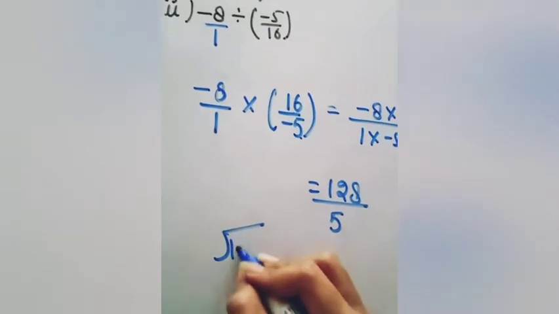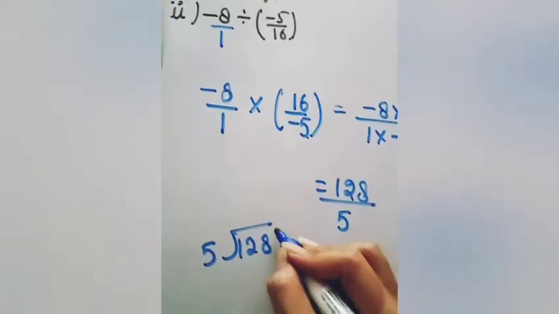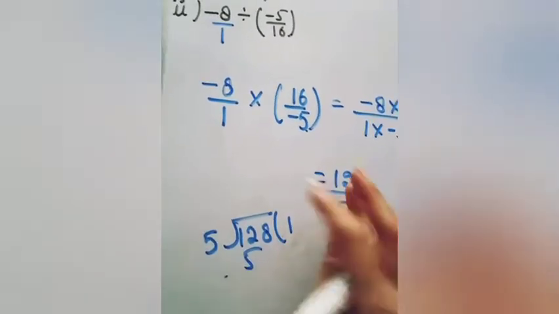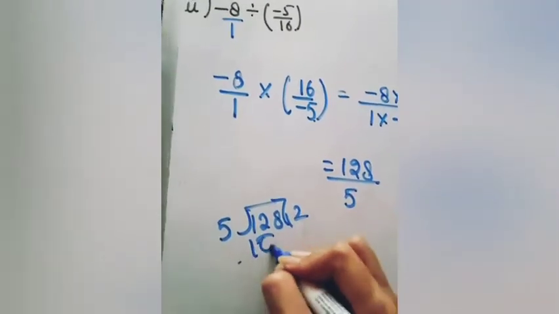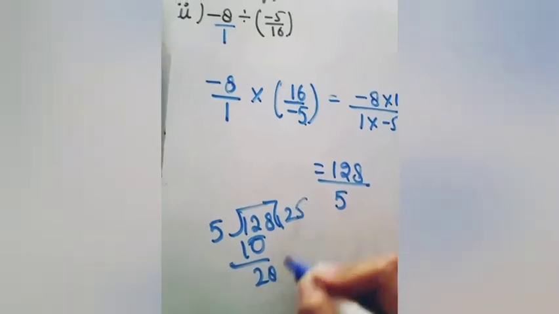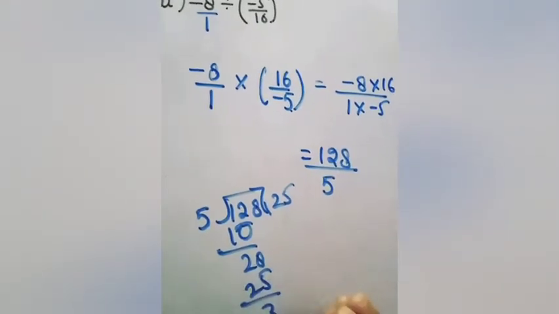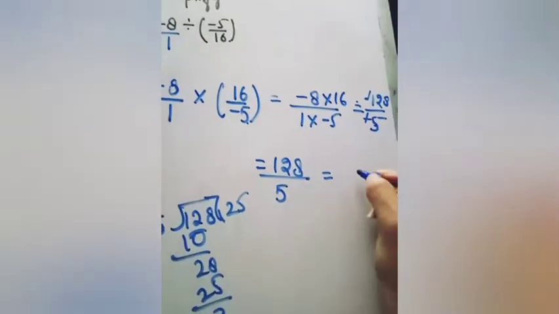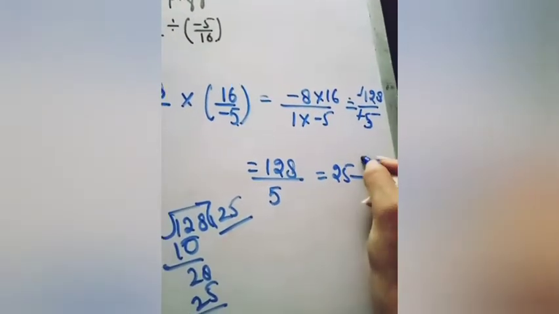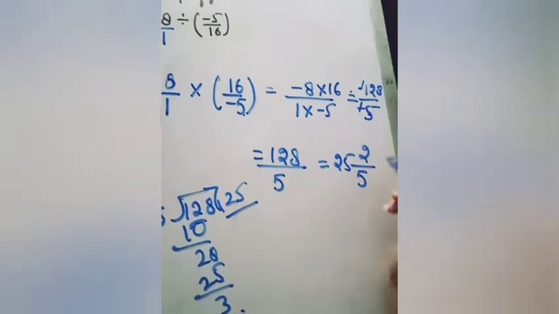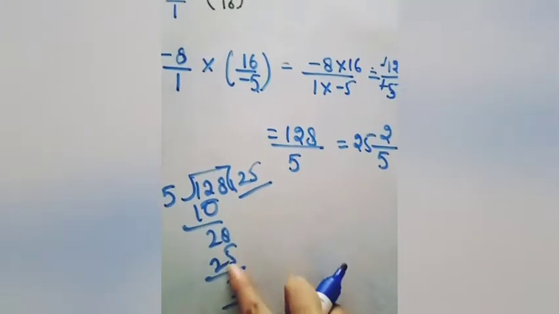We will change it into a mixed fraction. 5 2s are 10, so 25 whole 3. Sorry, this is 3. So this is 25 whole 3 upon 5.